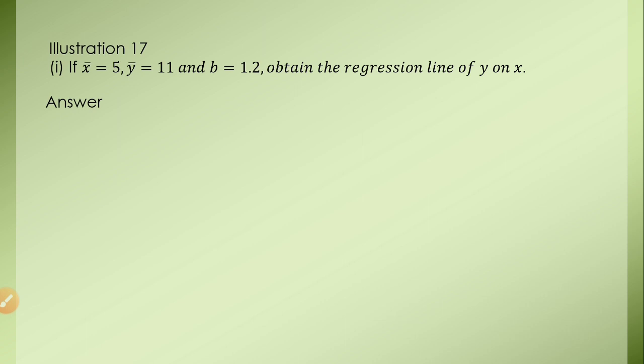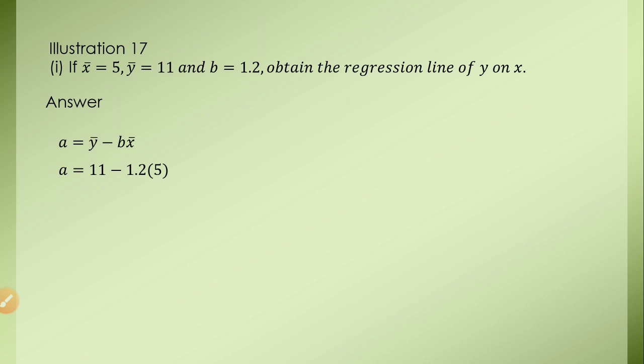So step 1 is solved. Step 2 is to find a. Now what is the formula for a? The formula for a is y bar minus b x bar. Now y bar is already given in the question, that is 11, and b is also given, that is 1.2, and x bar you can see in the question is 5.